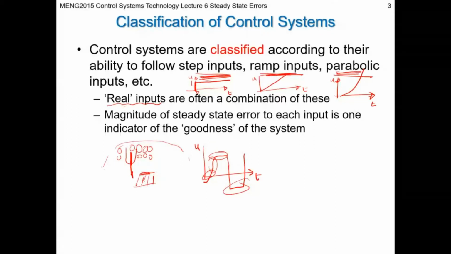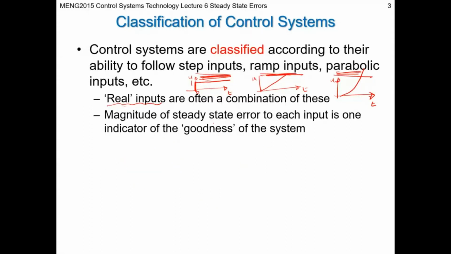But for dynamic systems like vehicles, like aircraft, like a drone, like anything where you provide an input to a system, all of those types are going to have this sort of varying input profile. The magnitude of the steady state error to each input is one indicator of the goodness of the system.